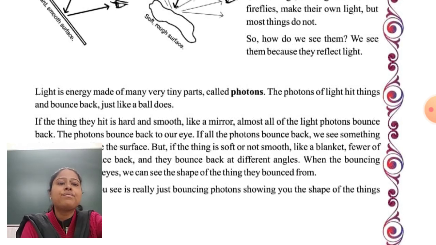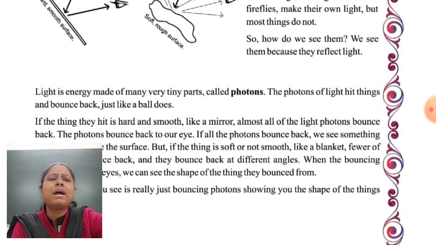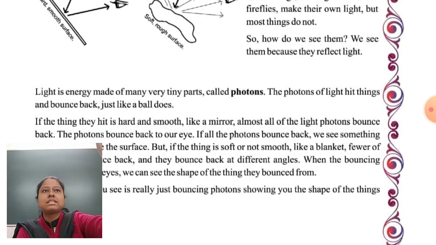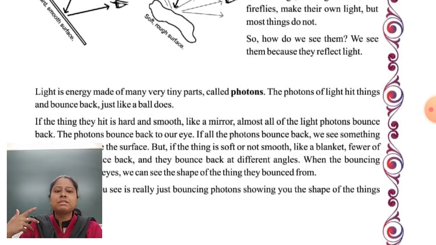Light is made up of different photons, tiny particles. These photons of light hit the things, suppose a chair or a table, and then they bounce back, they reflect. Just like a ball we throw and it comes back, that way it reflects.